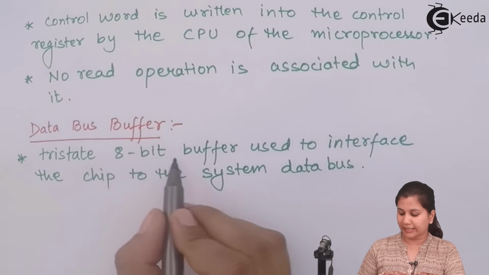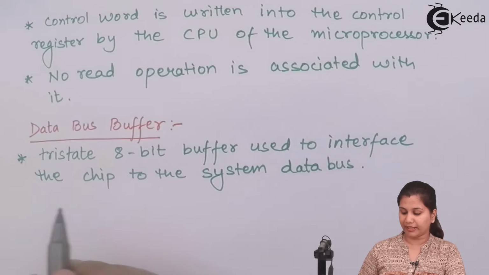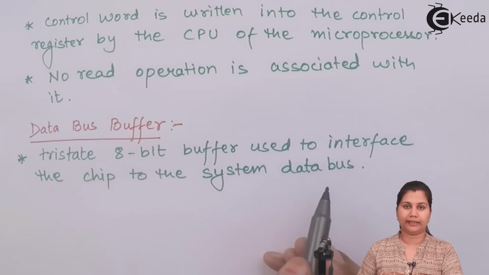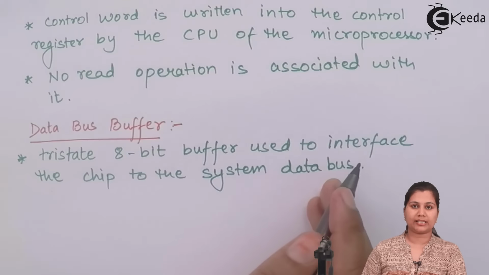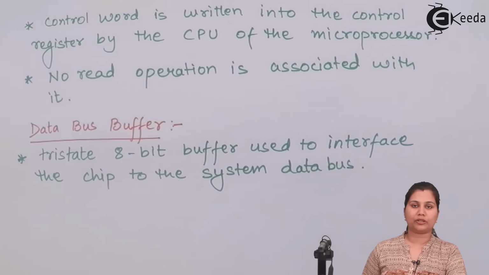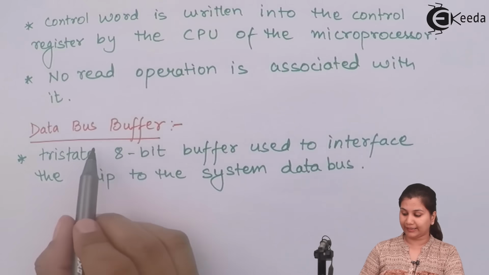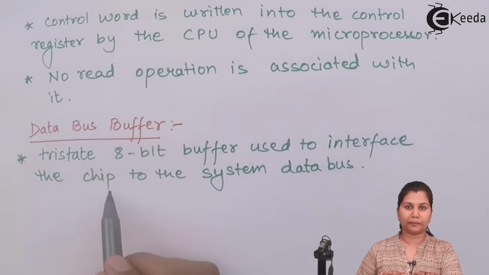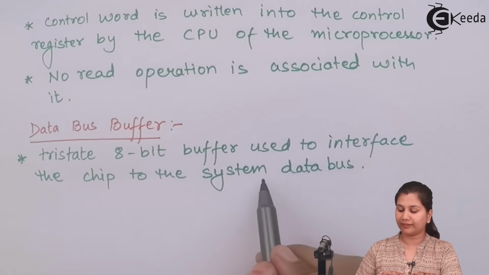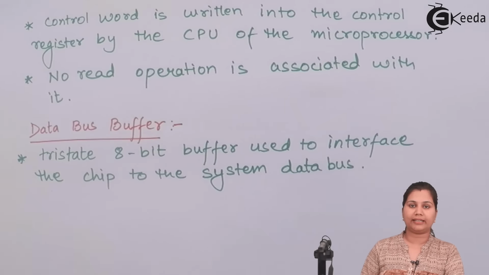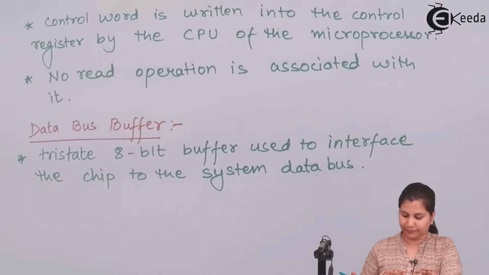It is used to interface the chip to the system data bus. An interface is a communication link between two components. So the data bus buffer acts as an interface between the chip, that is the 8255, and the system data bus, that is the data bus of the microprocessor.